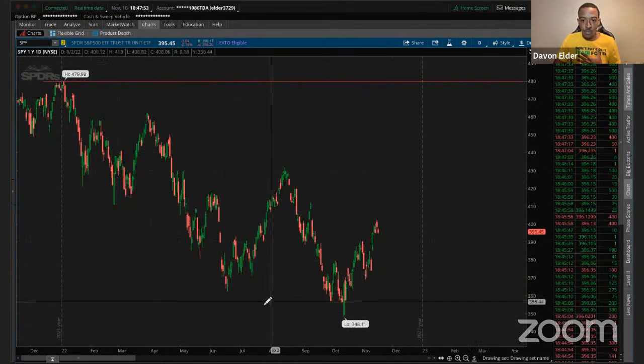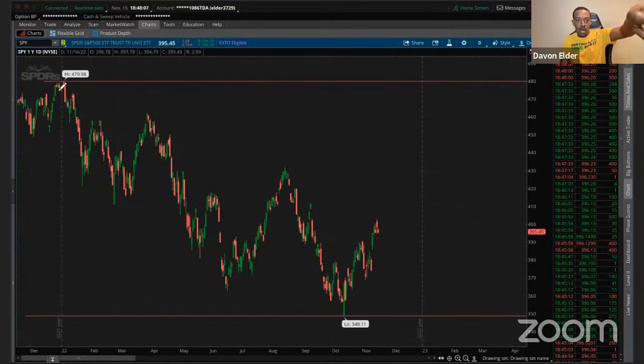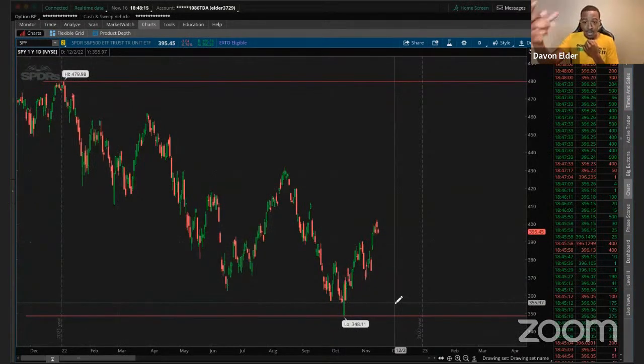We're going to identify the top and we're going to identify the bottom. Okay, that's our major support and major resistance levels. That's our all-time high up here at the top, and then our year-to-date low down here at the bottom. Now we're going to have intermediate support and resistance levels that we see the market has been respecting.